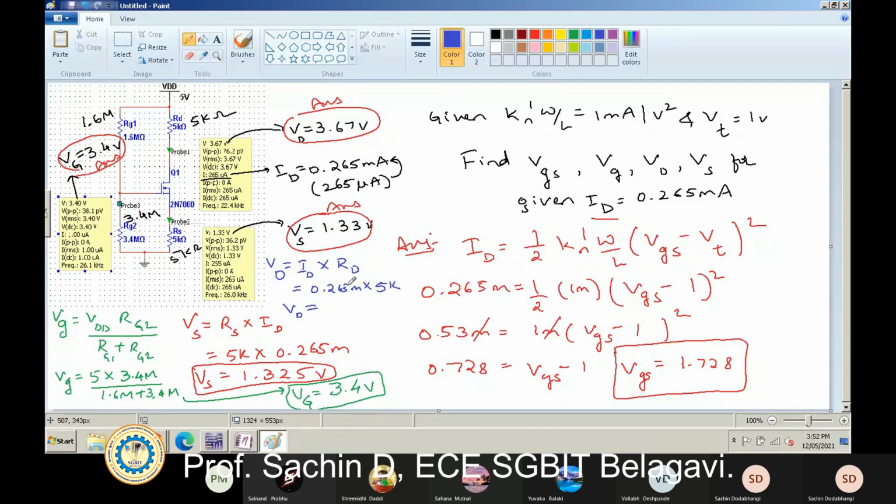One second. It is not the current flowing through ID into RD, it is the voltage across RD. So voltage at VD is VDD minus ID into RD. Wait one second, I will wipe it.